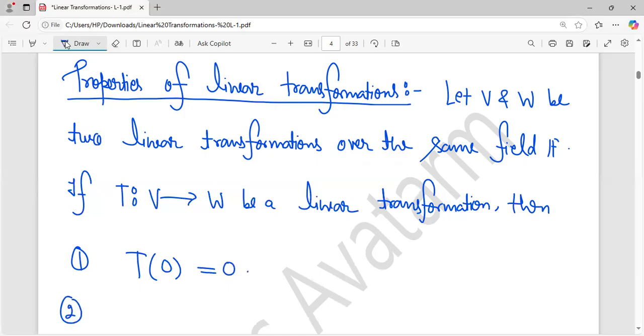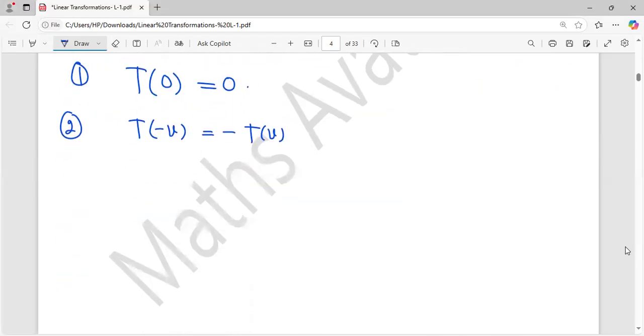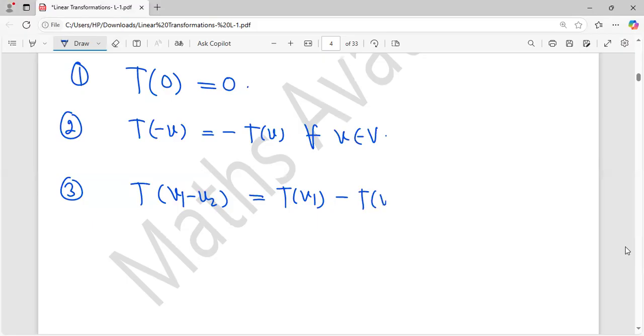Second, T of minus v is equal to minus of T v for all v belonging to V. Third, T of v1 minus v2 is equal to T v1 minus T v2.